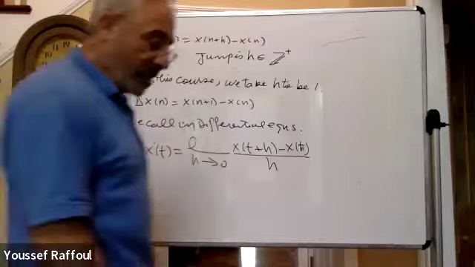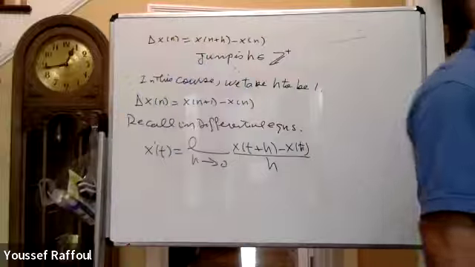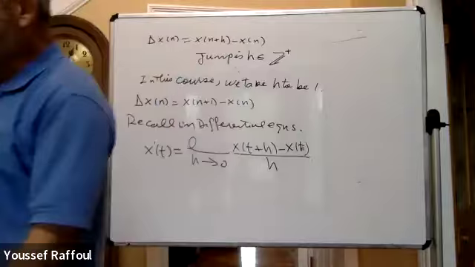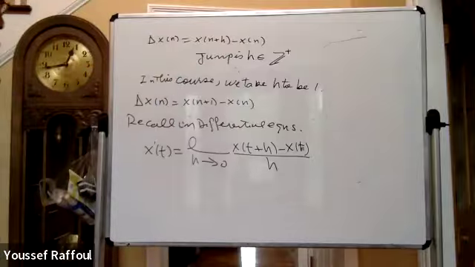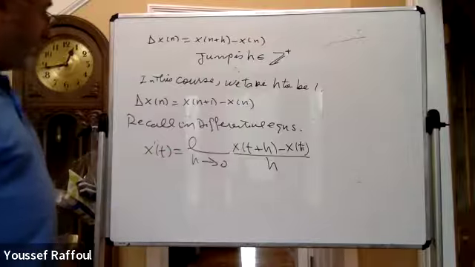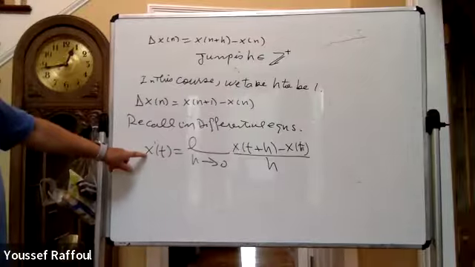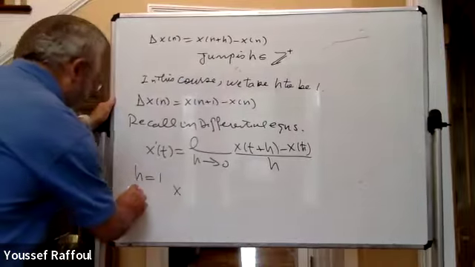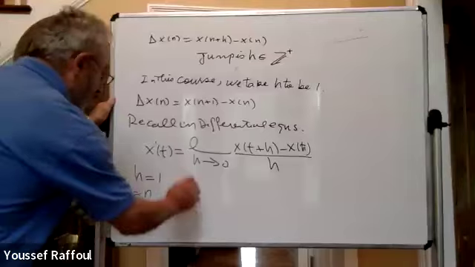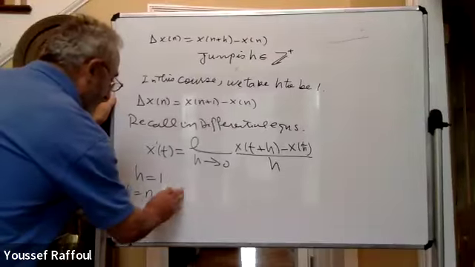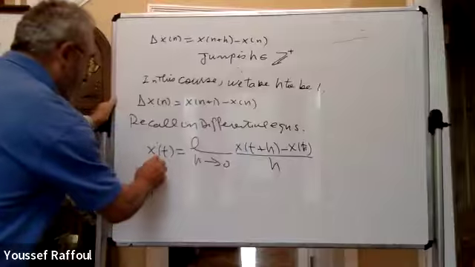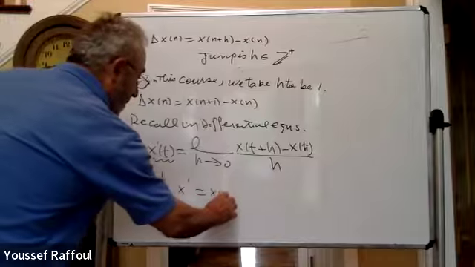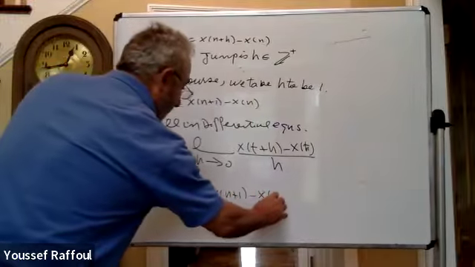This is the instantaneous rate of change of the function x at t, and it's called x prime of t. Now, if I take h equal 1 and t is n, then I'll have x prime, if you like, is x of n plus 1 minus xn.